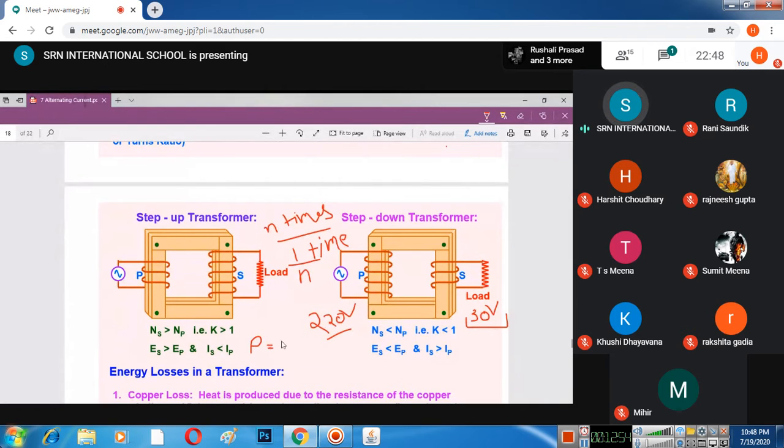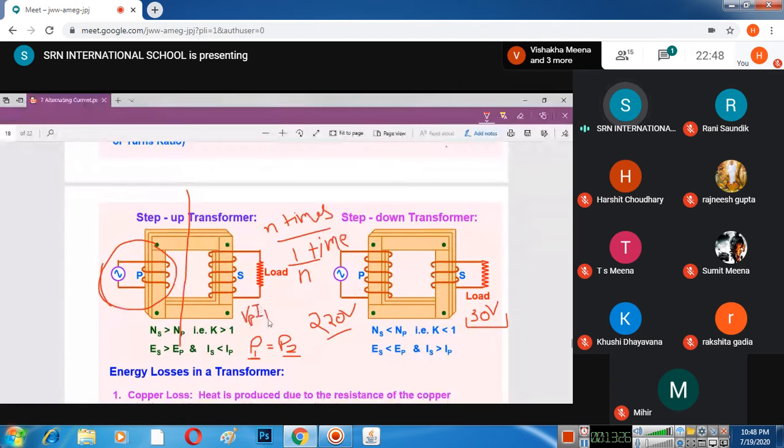The energy or power in the initial condition should be equal to the power in the final condition. Let's suppose power in the primary is V, potential in the primary, into current in the primary.